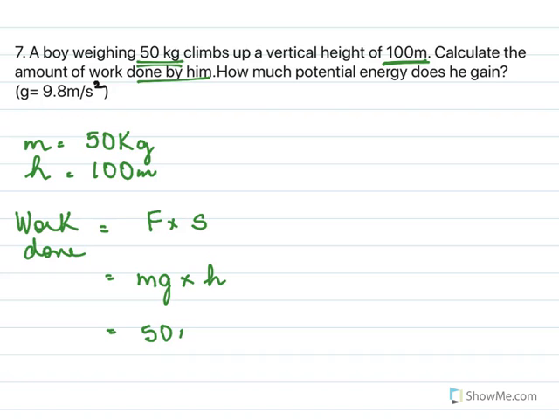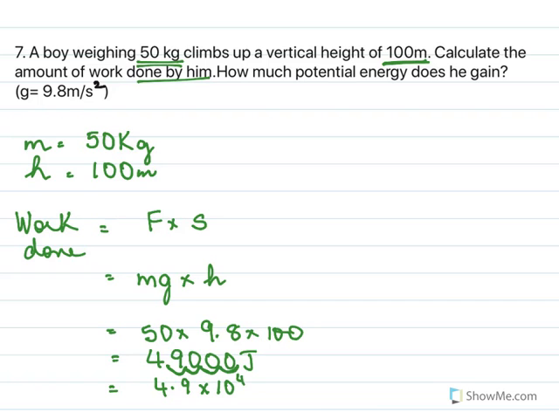So here we have 50 into g, we've given 9.8 and 100, and that is 49000 joule work done. But if you want to put in scientific notation, remember the decimal has to go here. 1, 2, 3, 4 places, so 4.9 into 10 raised to 4 joule.